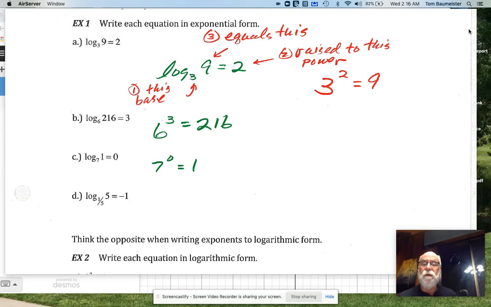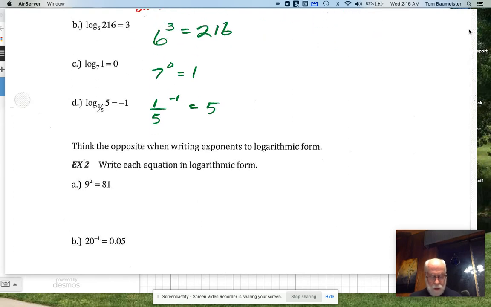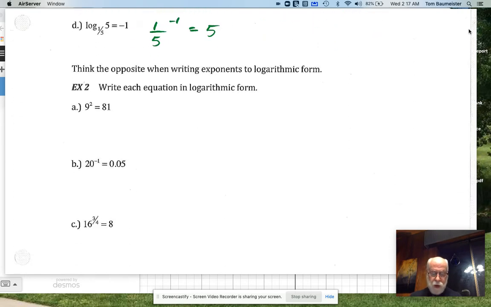Remember, anything raised to the 0 power is equal to 1, so it's definitely still a true statement. And even if I have a fraction there, so log to the base 1/5 of 5 is equal to -1. Even on that one, I can write this base, 1/5, raised to the negative first power is equal to 5. And we know that is a true statement. All right? So you want to think the opposite when writing exponents in logarithmic form.